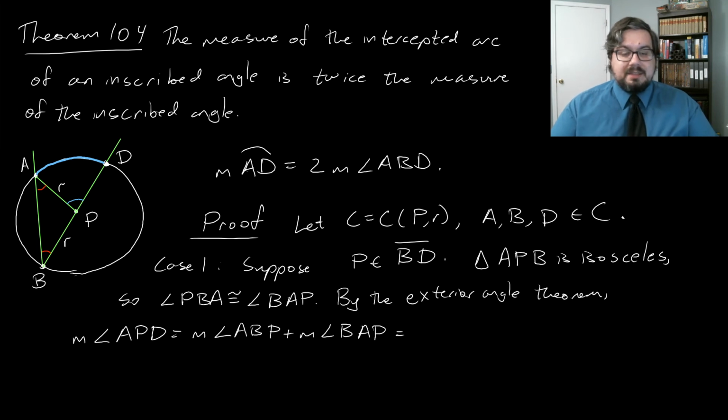Now we have that these two angles are congruent, so this is 2 times the measure of angle ABP.